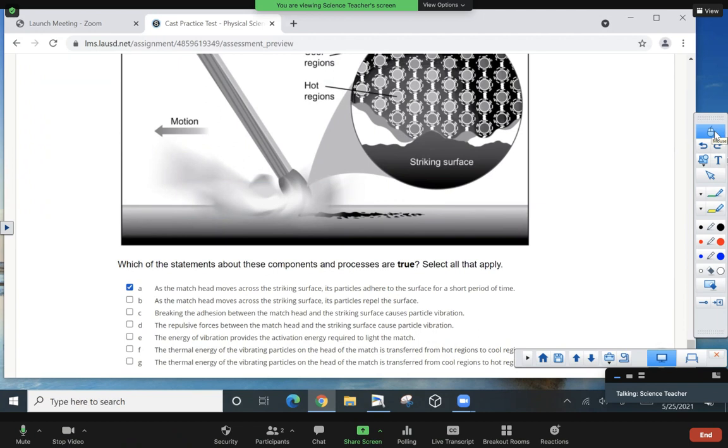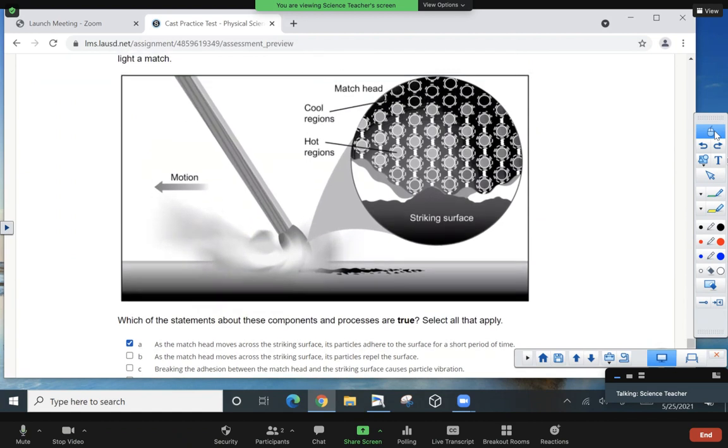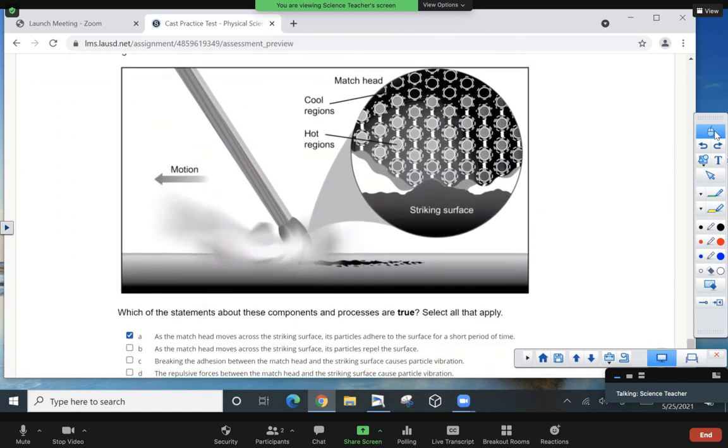But when we see this other one that's a little bit different, it says as the match head moves across the striking surface, its particles repel the surface. So when we take a look here, we have nothing in this picture that's dealing with any type of charges.